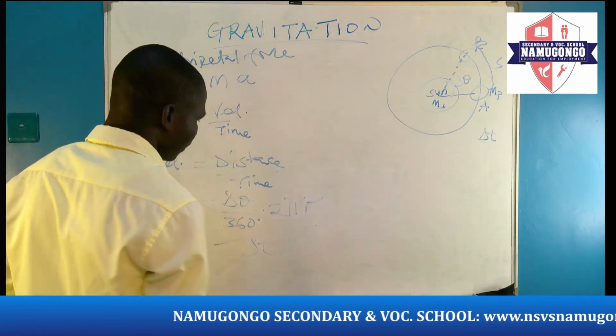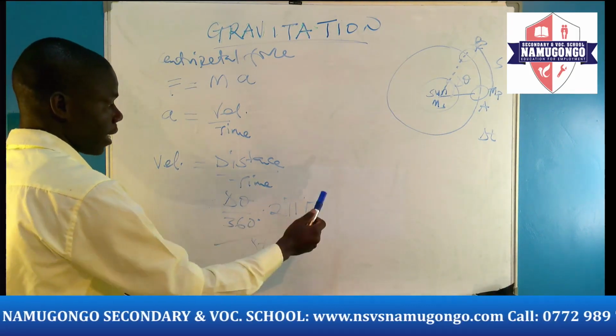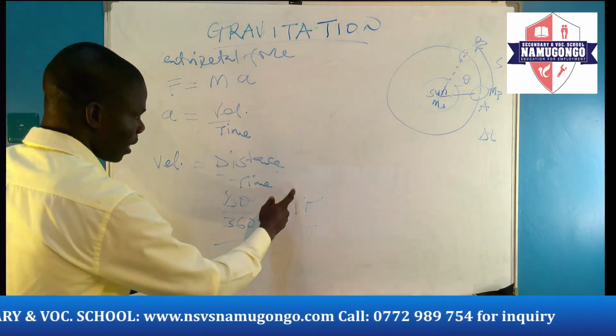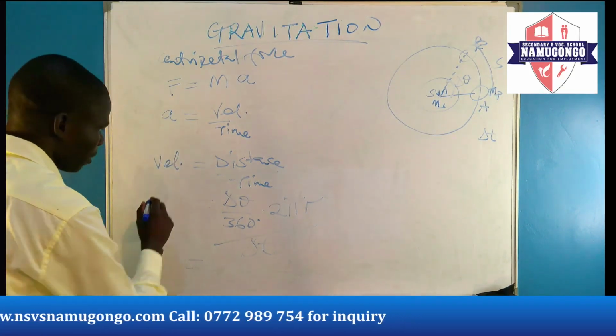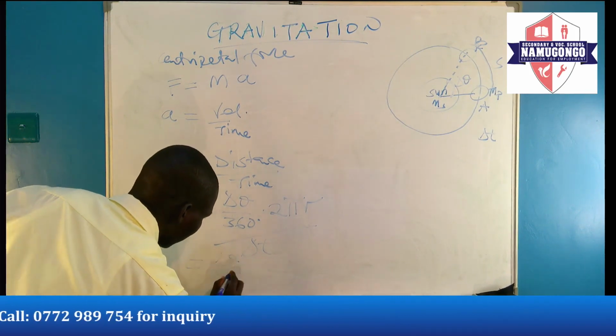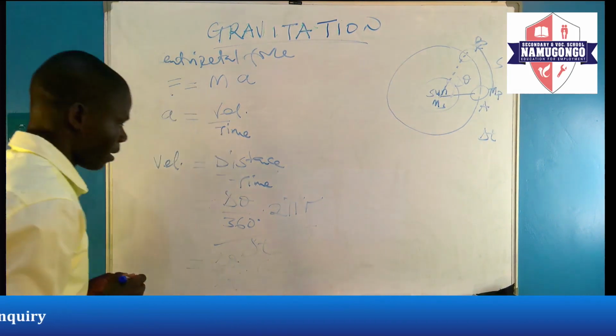2 pi is 360 because pi is 180, meaning this one and this one can cancel. Then we shall get velocity equals delta theta divided by delta t times r.